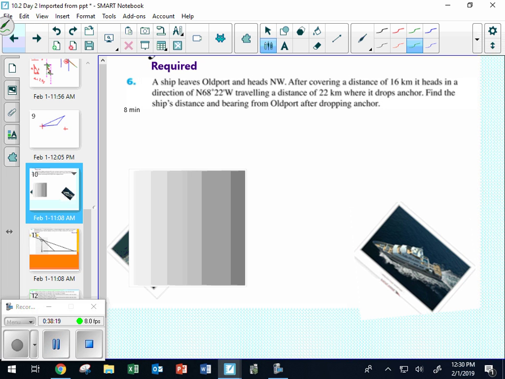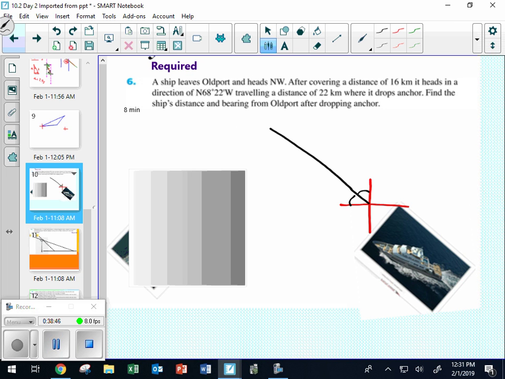Okay, so ships down here, and I kind of wish there weren't ships all over the place on here to draw, but you can just take a blank Notability doc if you want to and draw this. He starts here. He heads directly northwest. Do you get that that means he's going at a 45-degree angle there and 45-degree angle there? Does that make sense so far? Then, once he gets there, don't put an arrow tip on it.